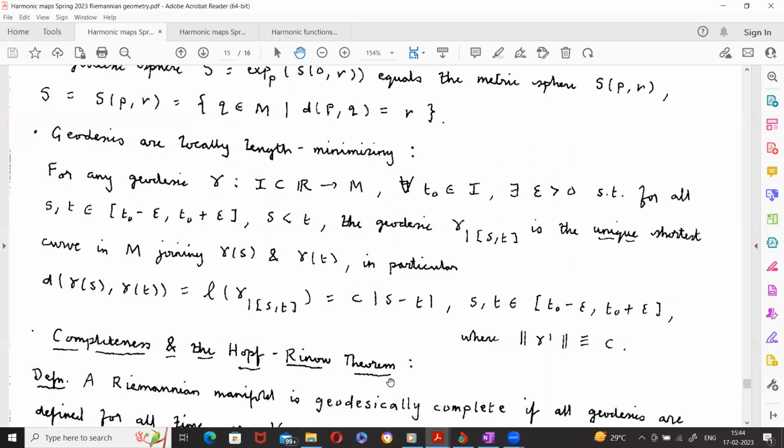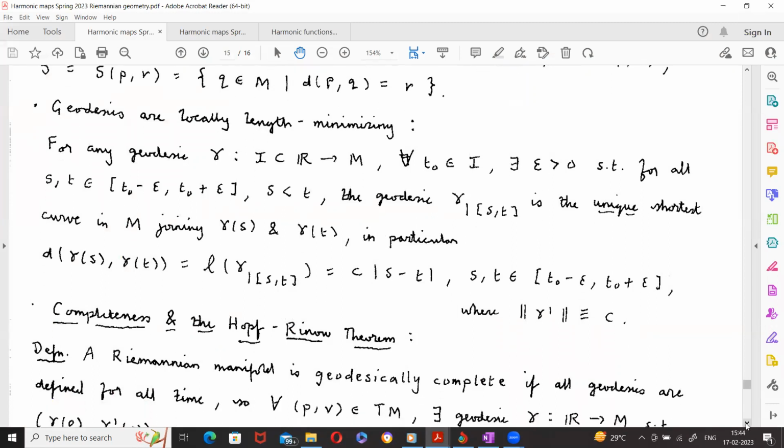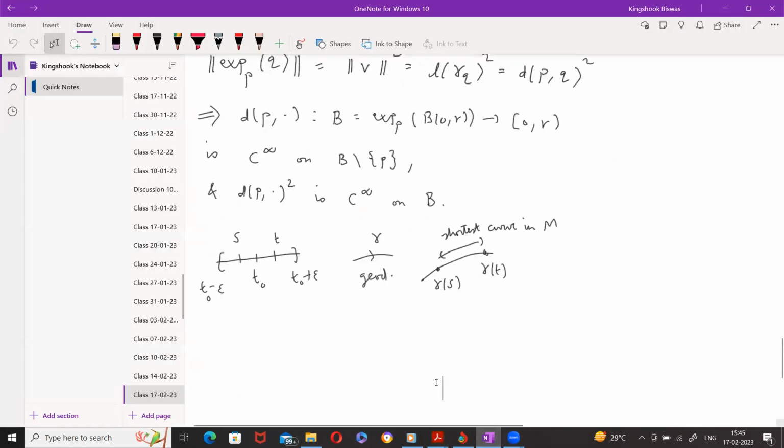Okay, thank you. So finally, let me just state what's called the Hopf-Rinow theorem. So we want a criterion for when geodesics are defined for all time, right? So you can see, for example, if there are sort of holes in the manifold, then geodesics may not be defined for all time, right?